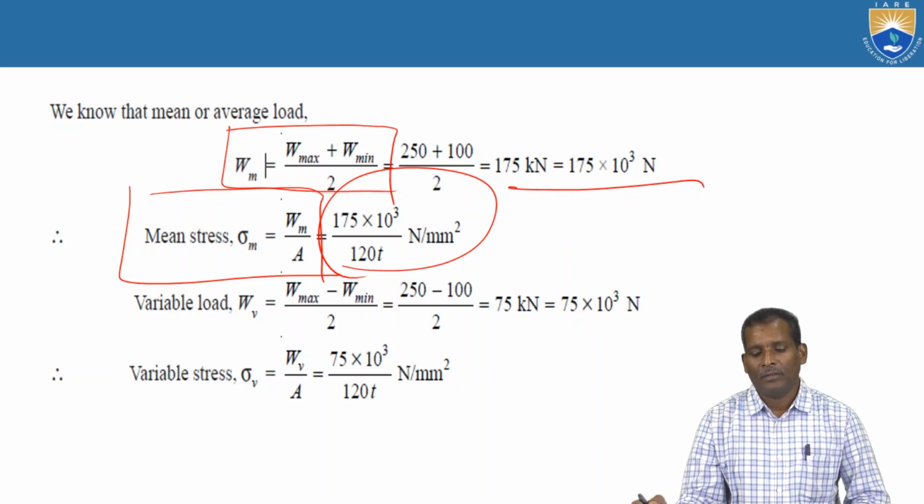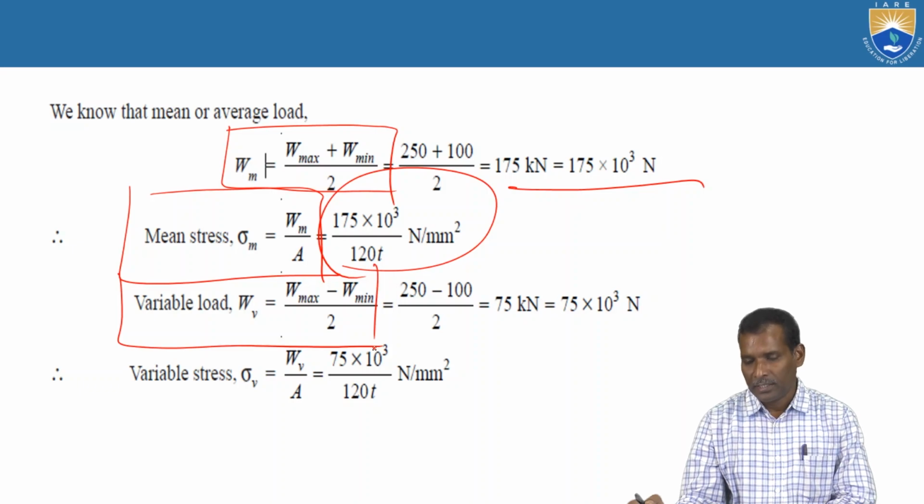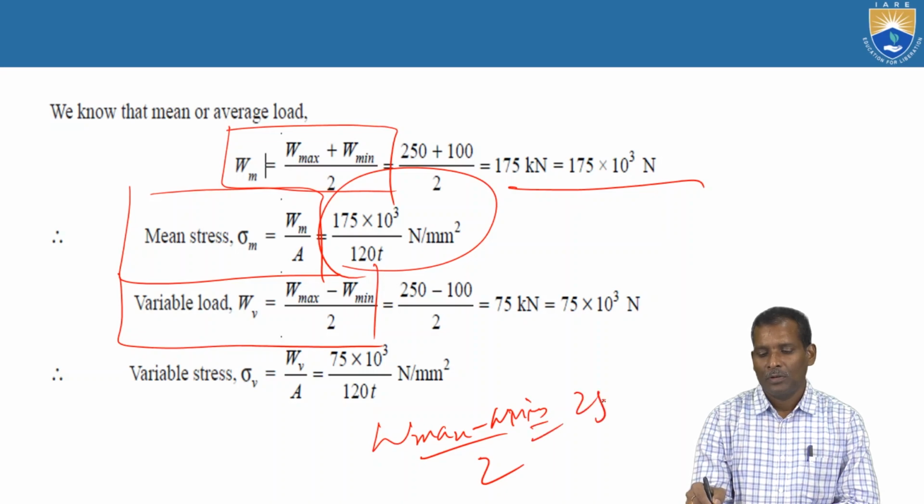Similarly, calculate variable load. Variable load is W max minus W minimum upon 2, that is 250 minus 100 by 2, so 75 kilonewtons.